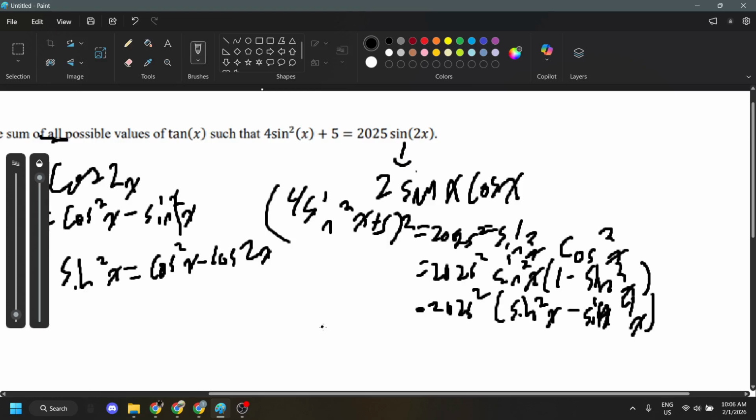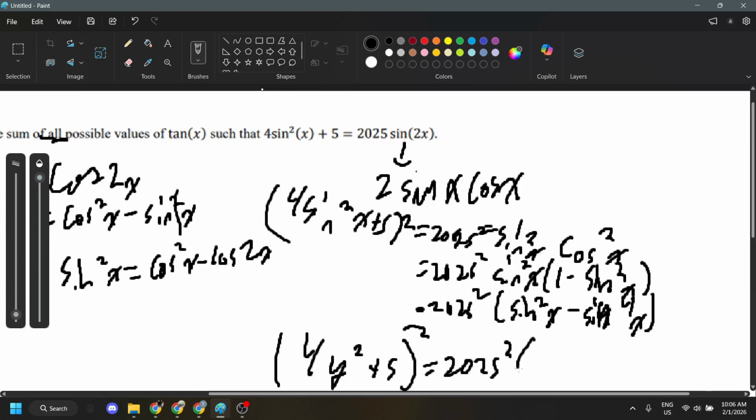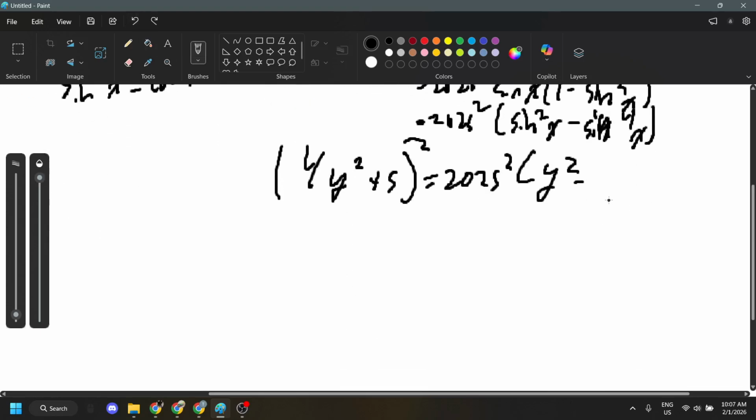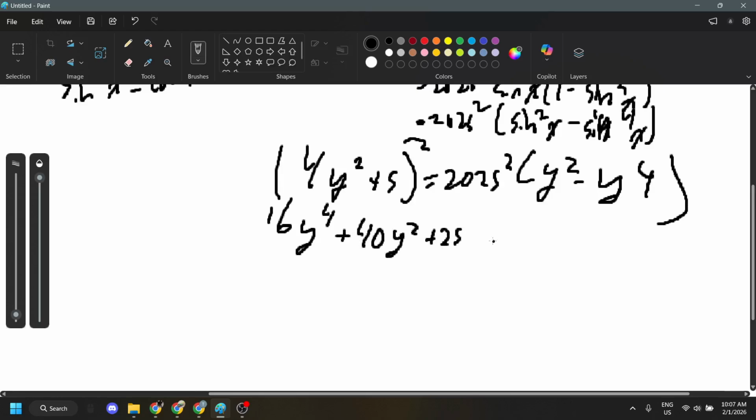If we let y be sine x, we have 4y squared plus 5, squared, is equal to 2025 squared times y squared minus y to the 4. So this is 16y to the 4 plus 40y squared plus 25 is equal to 2025 squared y squared minus 2025 squared y to the 4.